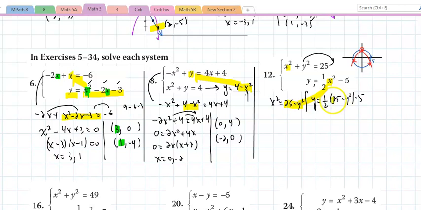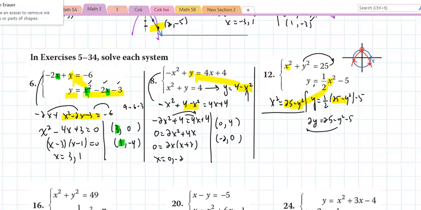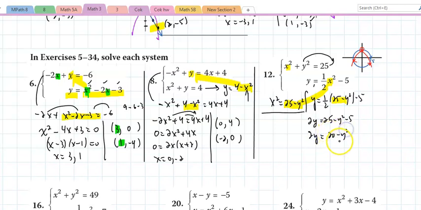Wouldn't that be 2y equals 25 minus y squared minus 5? If I get everything on the left, again, I want everything to be positive. So wouldn't that mean, do it in 2 steps. Isn't that 2y equals 20 minus y squared?